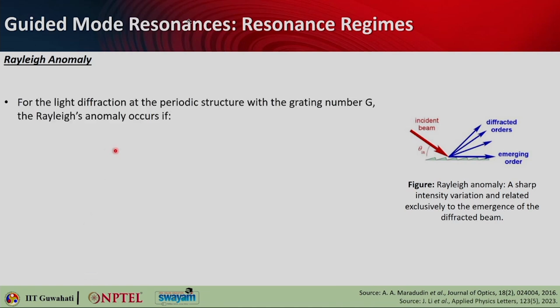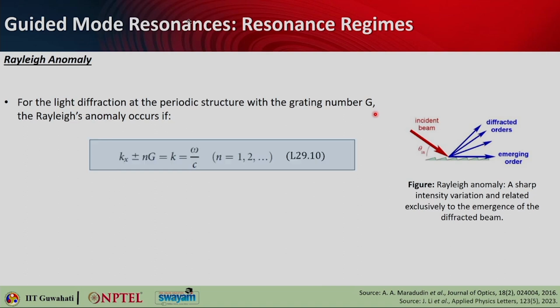For light diffraction at a periodic structure which has a grating number g, g can be written as 2π divided by the lattice period. You can say that a Rayleigh anomaly will occur if kx plus n times g is equal to the incident wave vector k, where n is 1, 2, 3, and this is happening because of the grating.